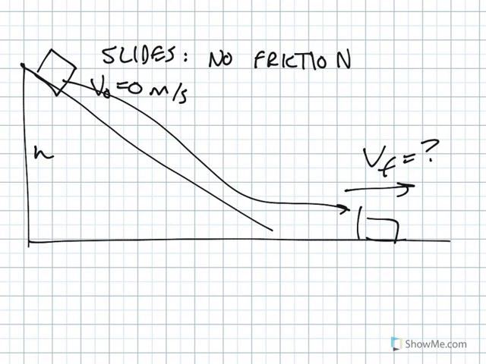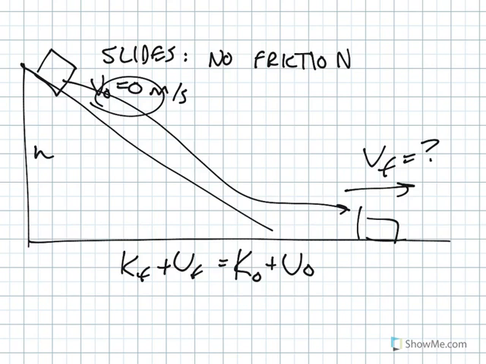This problem involves conservation of energy. That looks like K final plus U final is equal to K naught plus U naught. K is kinetic energy, 1/2 mv squared. It starts off at rest, so K naught is 0. U is gravitational potential energy, mgh.